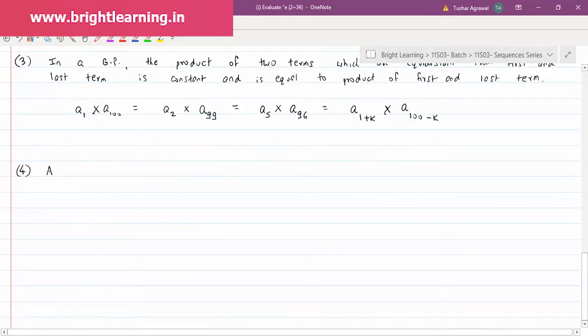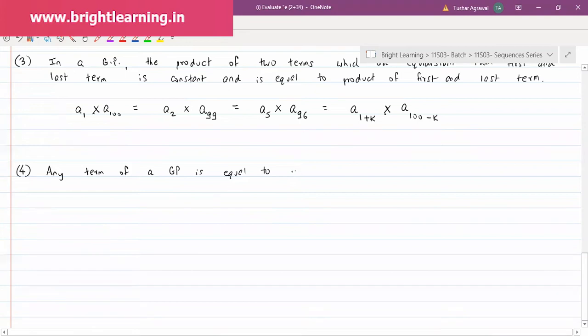So any term of a GP, of a geometric progression, is equal to the square root of the product of two terms equidistant from the term that we are calculating.